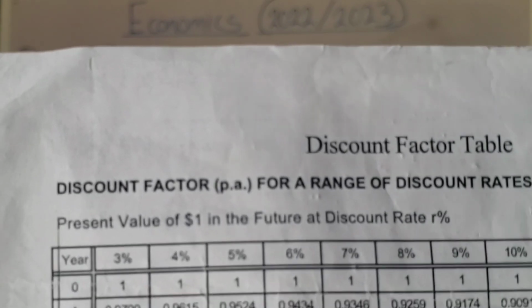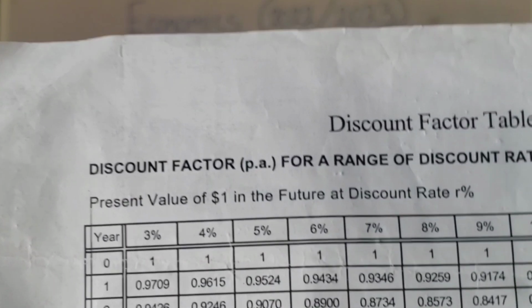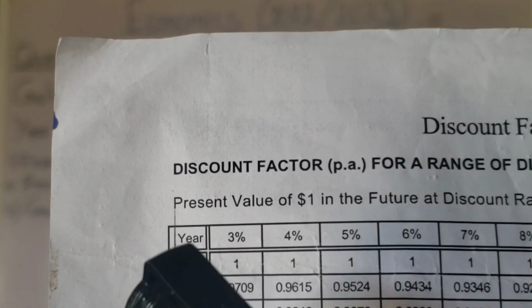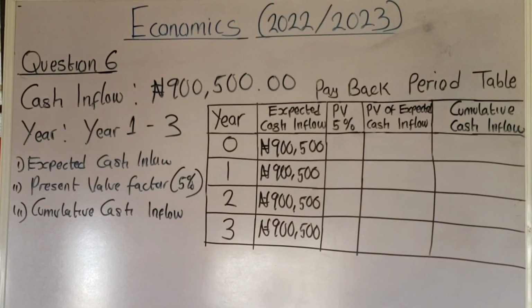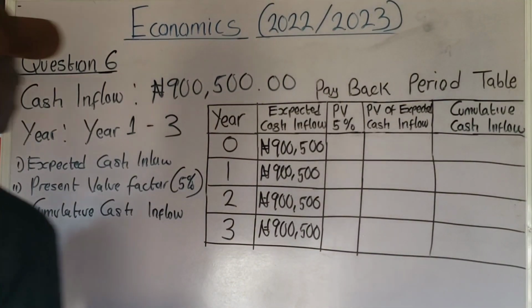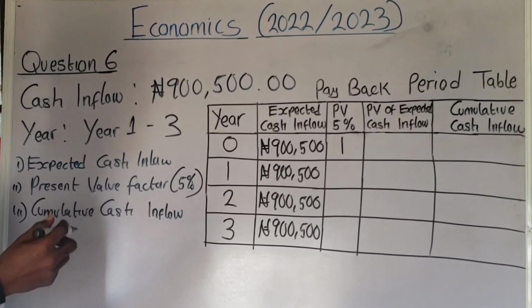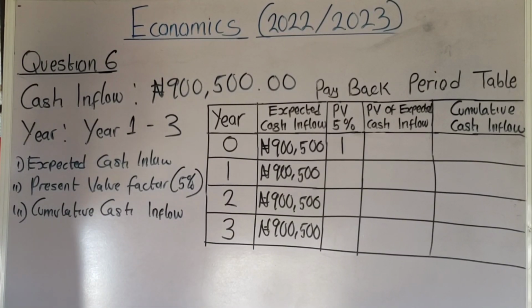Year 0 under 5% is 1. Oh, it is blurred. Sorry, let me quickly change it. You can see year 0 under 5%, trace it under 5%. That is 1. So the present value factor at this place is 1. I got my 1 from the discount factor table, as I showed you earlier.